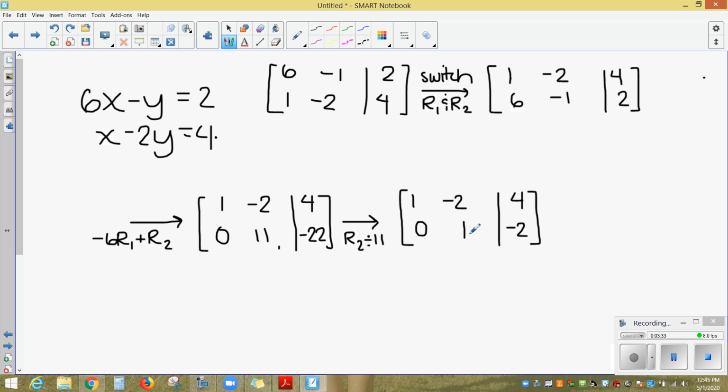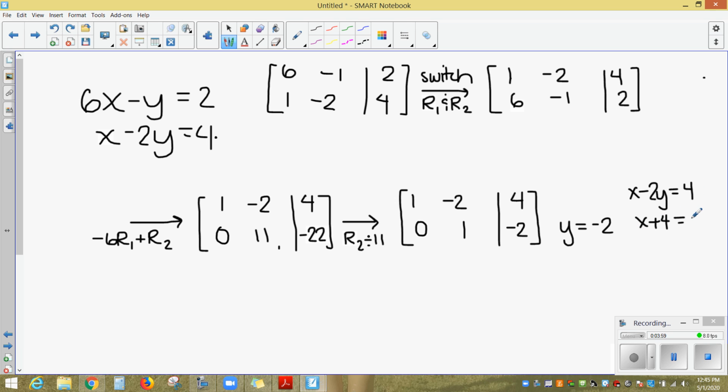This is as far as I have to go with these smaller systems, a 1, and then a 0, and then a 1. So now I'm ready for my back substitution. The bottom row says y equals -2. Okay, the top one says x minus 2y equals 4.